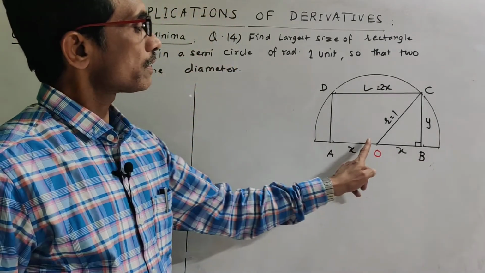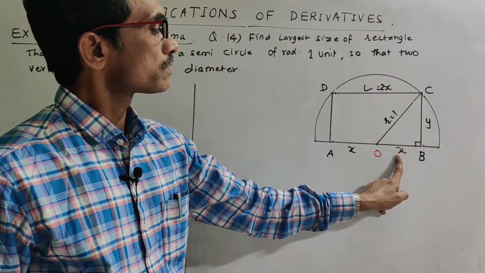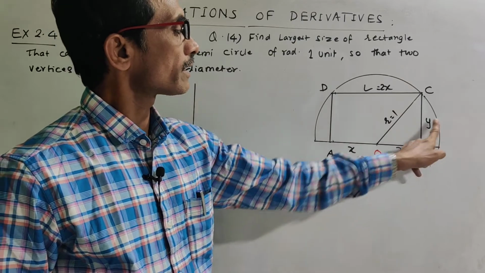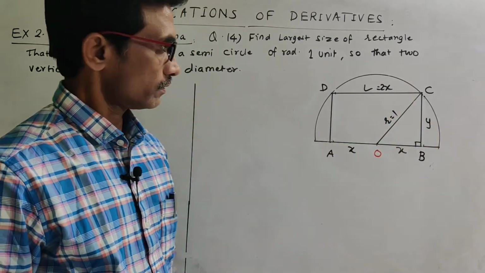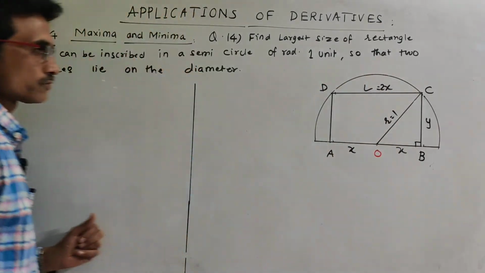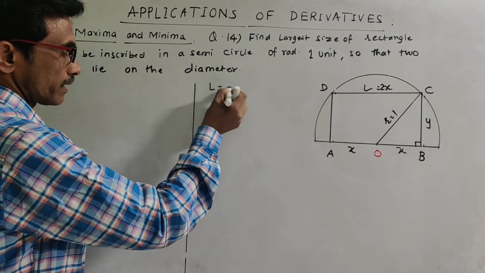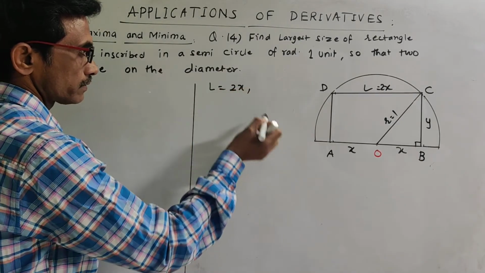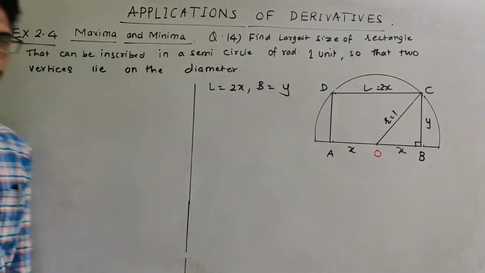So we can consider this right angle triangle, whose sides are x and y, and the hypotenuse is equal to 1, because 1 is the radius of this circle. So हमको एक relation मिलेगा x और y में. So we took length of the rectangle as 2x and breadth of the rectangle is equal to y.